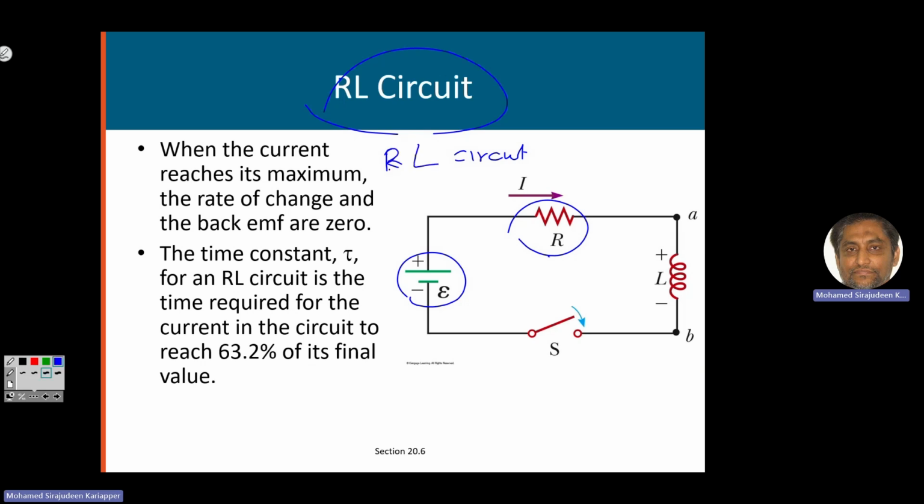This is the resistor, and this is the symbol for an inductor, a coil. The resistor has a resistance R, the inductor has an inductance L. So you connect the circuit and close the switch. The inductor has no resistance, an ideal inductor.